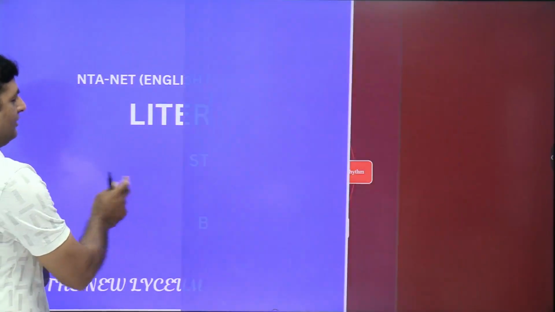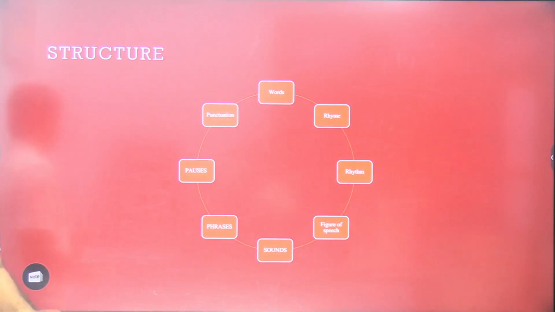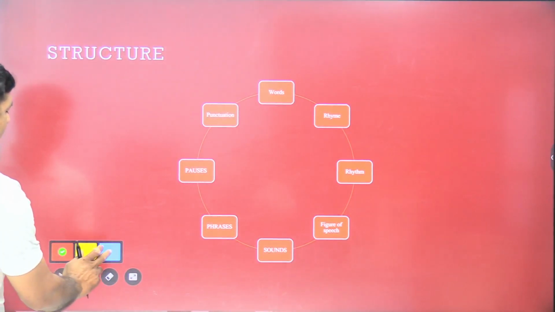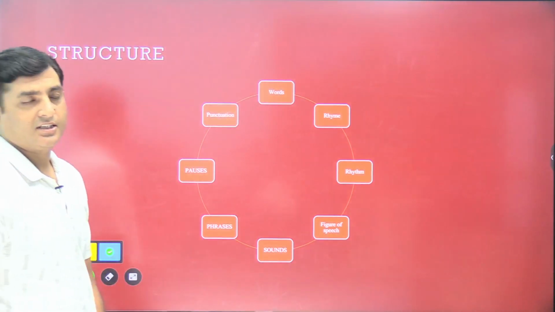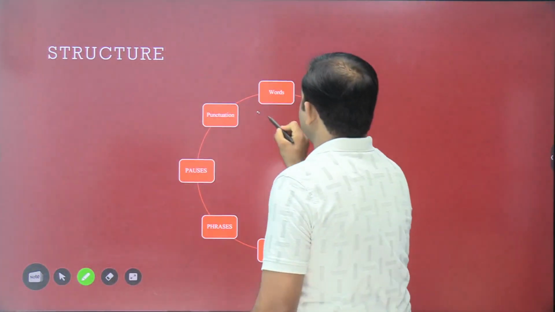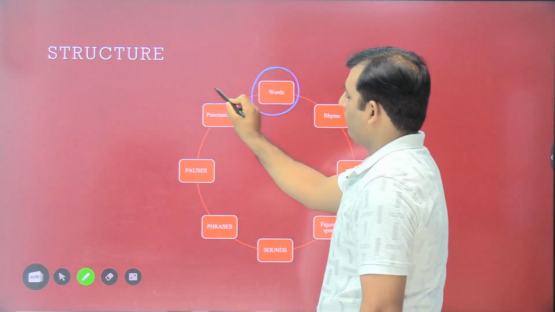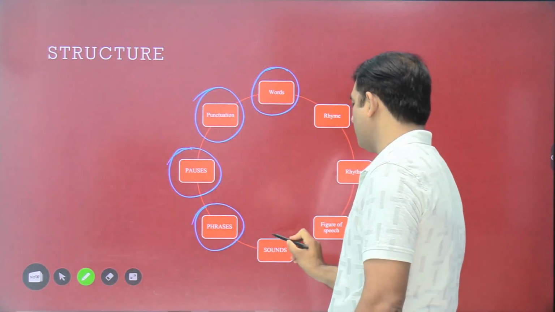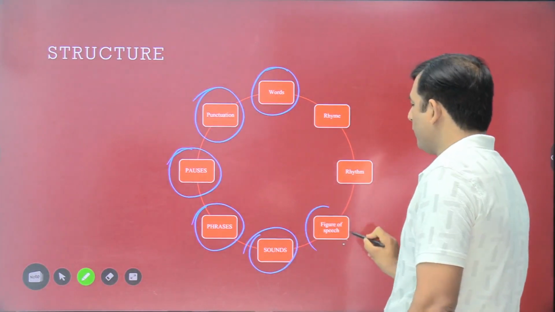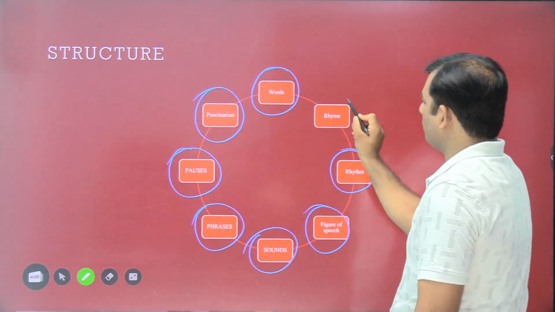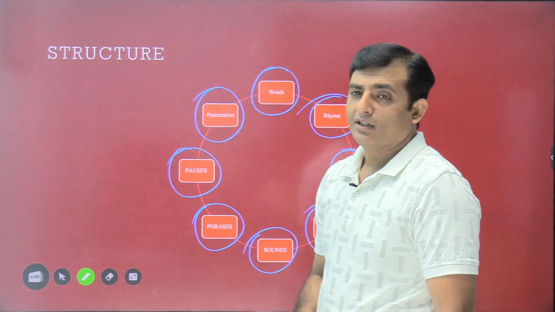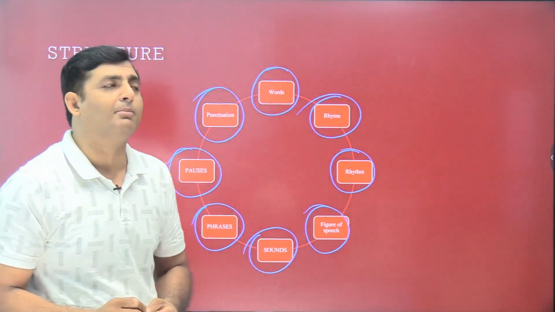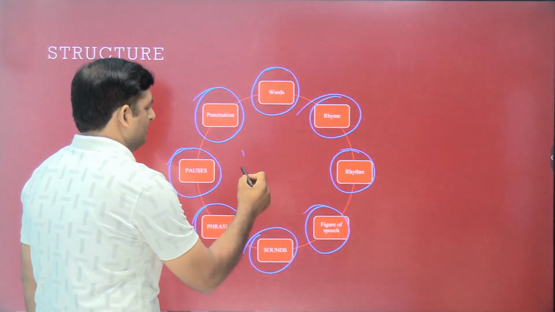Just see what it is. Here on your screen, you see several pictures: words, punctuations, pauses, phrases, sounds, figure of speech, rhythm, rhyme. These are the components, the elements of a poem.